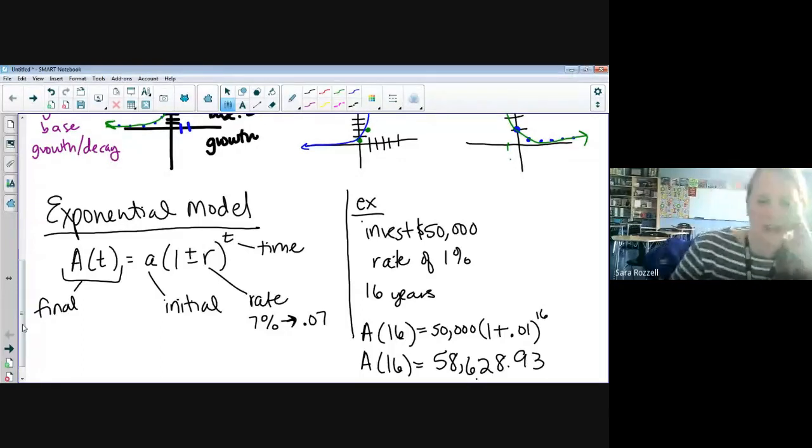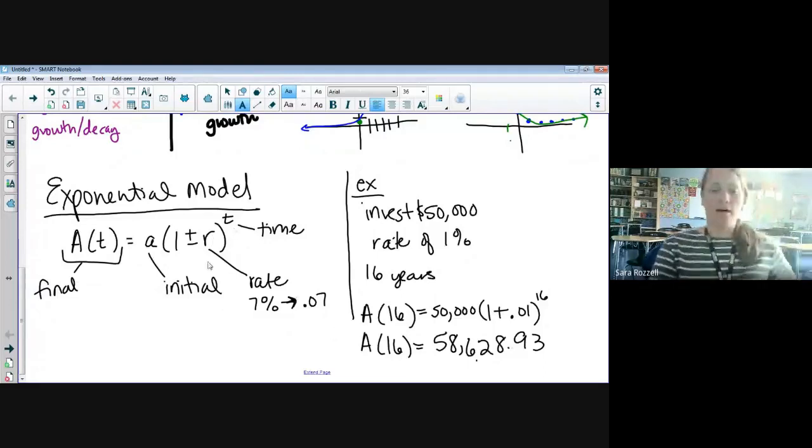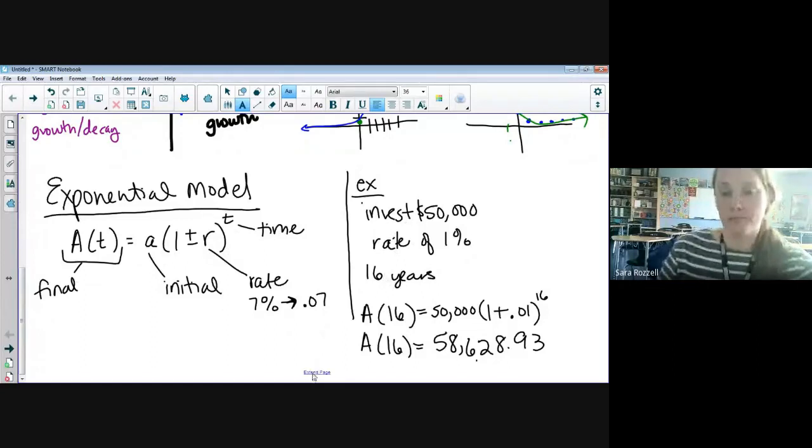All right, so that is our exponential model. Any questions on how to plug the numbers in and where they go? You guys okay with something like that? Okay. All right. Occasionally we get problems that say that your interest, instead of it being compounded once a year, so at the end of every year, it's compounded continuously.